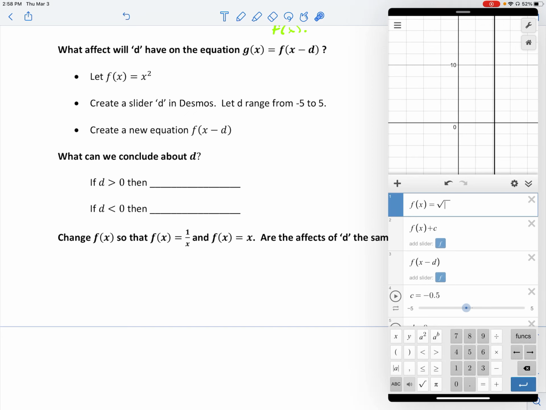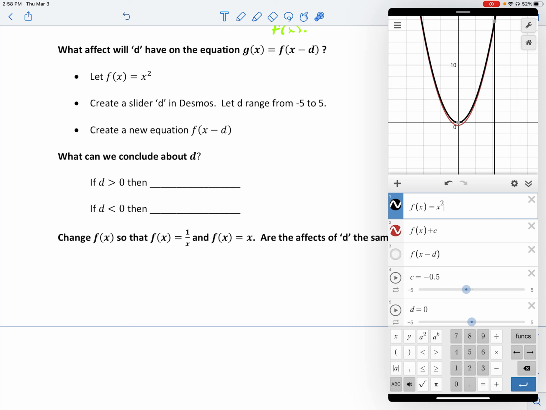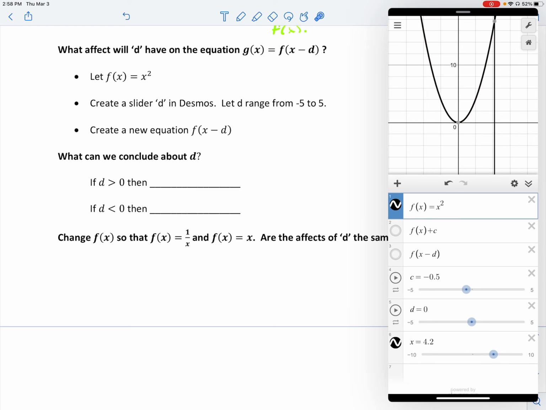Let's go back to x squared. We're going to turn that one off. And we'll turn that vertical line off too. And let's turn on f of x minus d. That's this one right here. I'm going to go ahead and hit play on the slider, and that's going to change the parameter d.